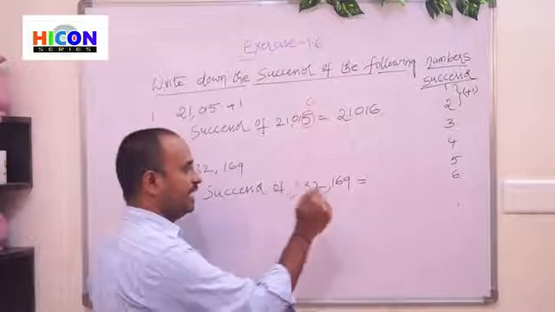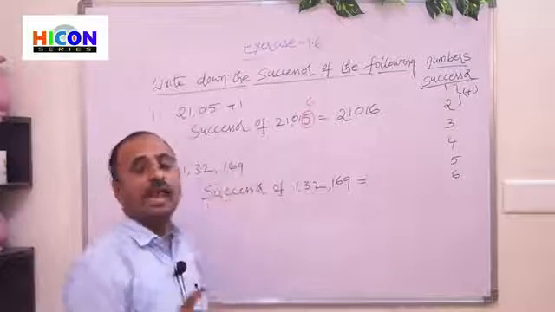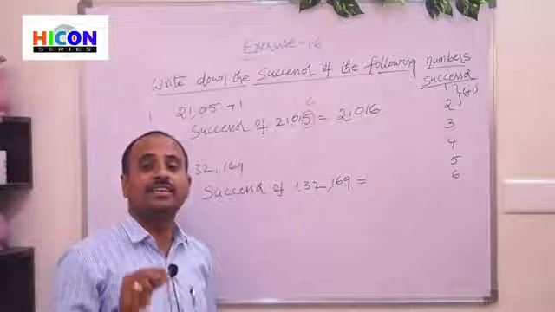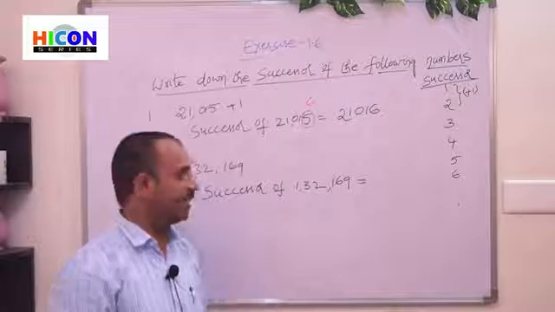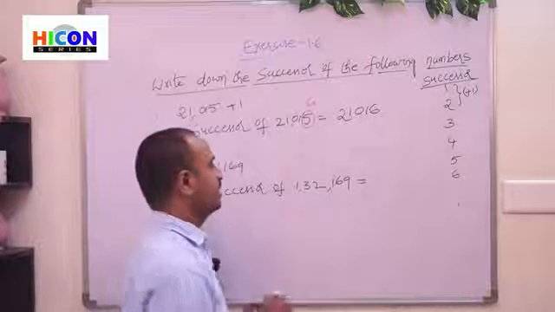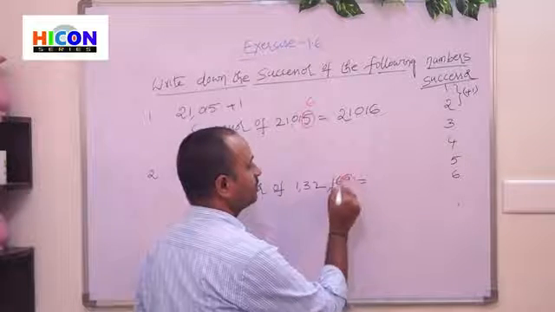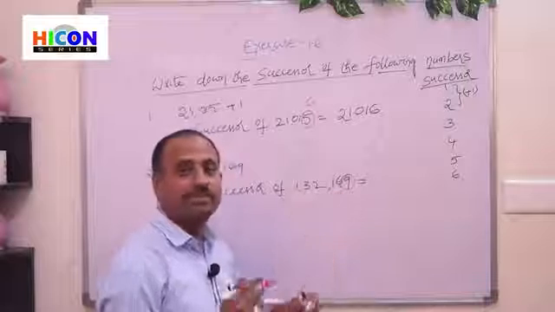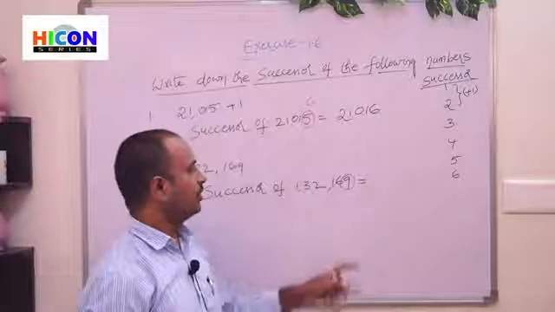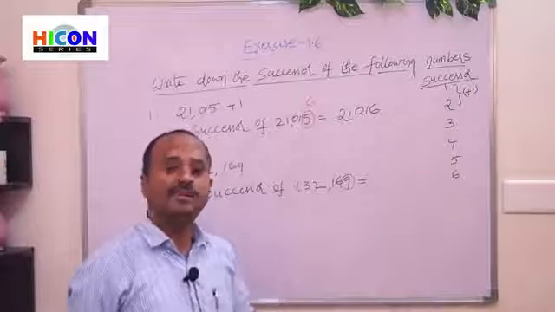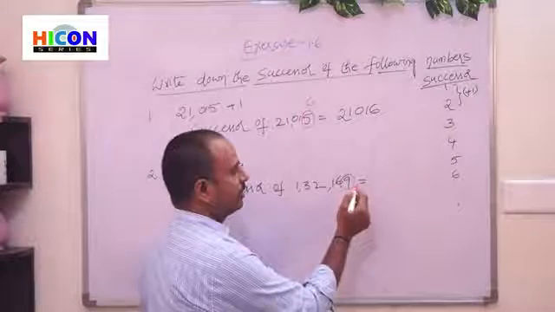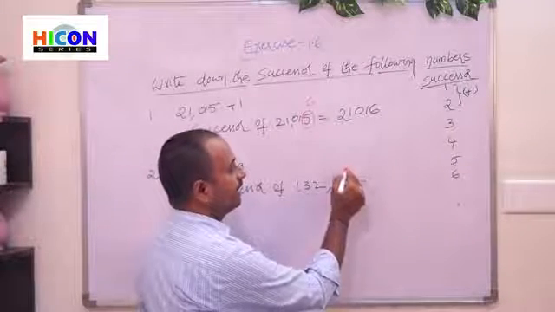Just add 1 to the given number, which means just increase the digit present in the ones place. Here the digit present in the ones place is 9. If we add 1 to 9, we will get 10.